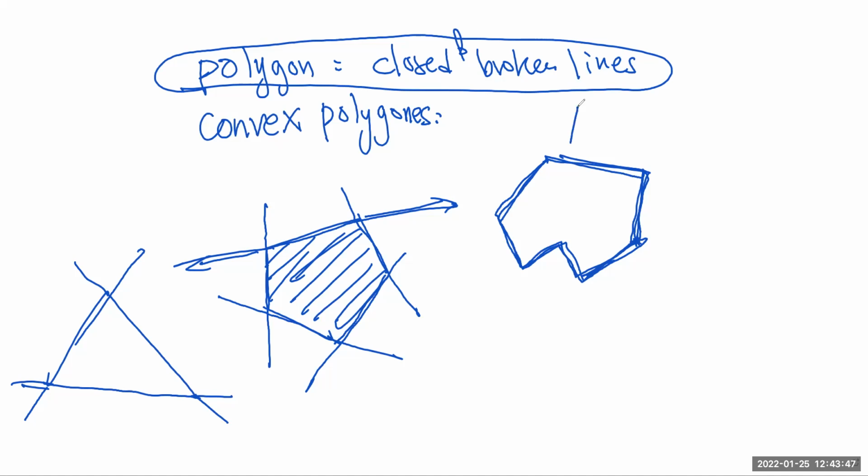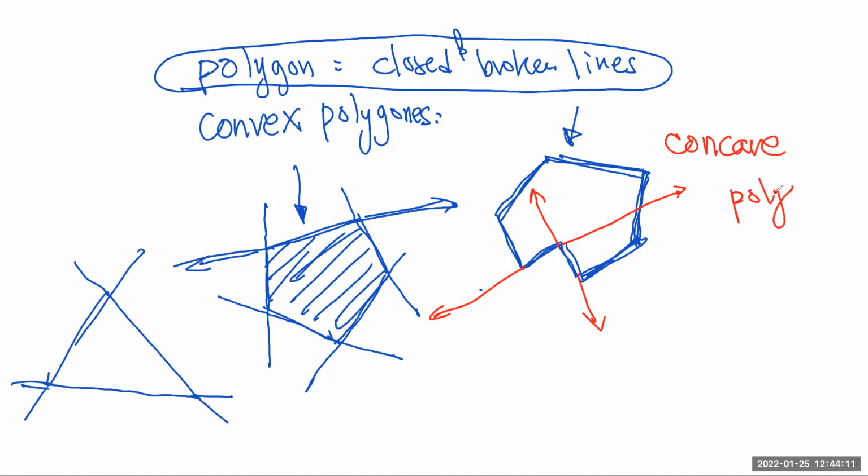But this is different from this kind of polygon, because if you extend this line, this part goes through the interior, or extend this line, it goes through the interior. So this is called a concave polygon.